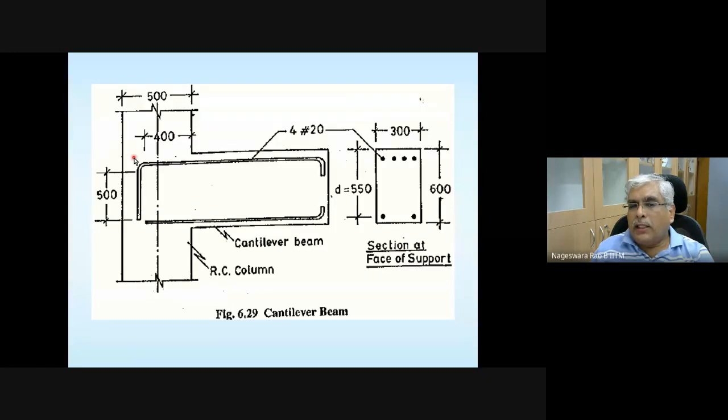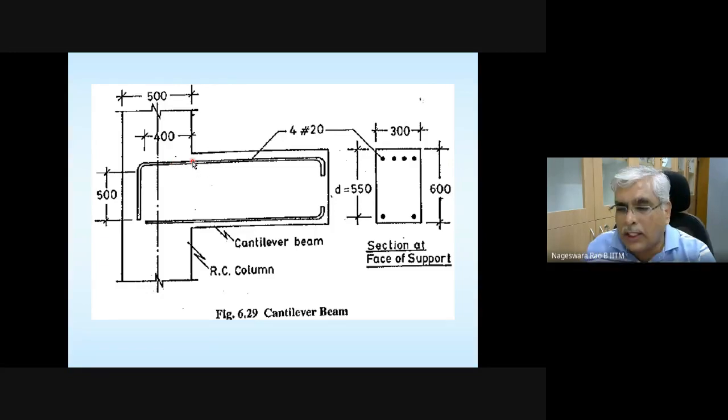Okay. And so heavy congestion is going to be there. And also from the anchorage point of view, you need to provide 940 mm beyond this point. So there is no space to provide 940 mm. So you need to make use of whatever you learned.